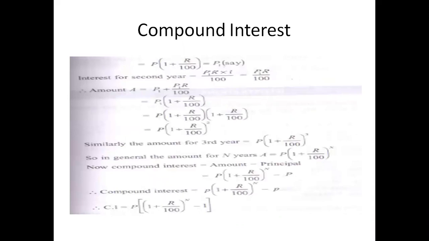However, for the second year, it is P into 1 plus R by 100 whole square. And for the next number of years, it goes up to the power n. That is the amount, and compound interest then becomes P into 1 plus R by 100 whole to the power n minus 1. This we have said in the previous chapter, but this is a bit of a recapitulation for all of you so that you can remember the formulas once more.